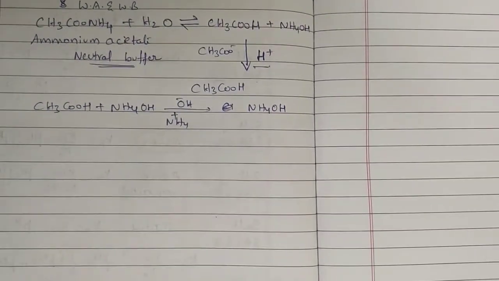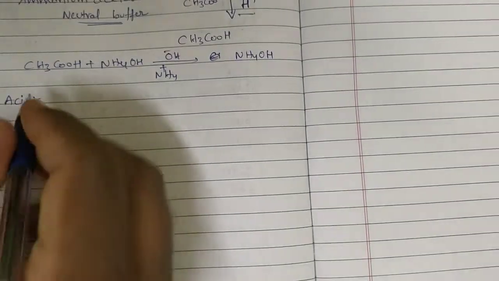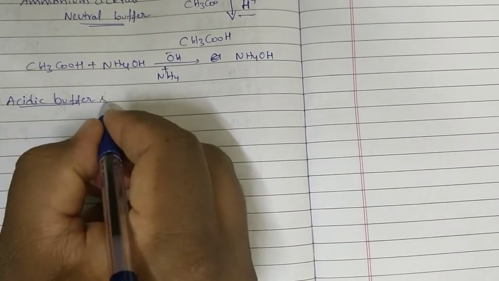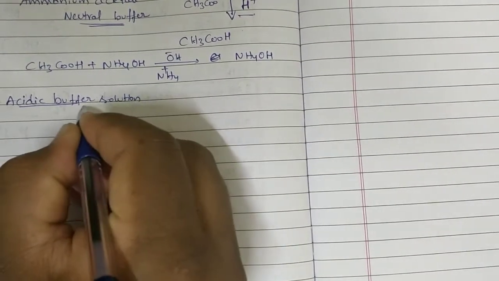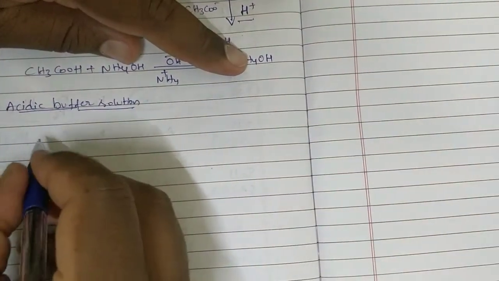Same like that, two other types of buffer solutions are there. Those are acidic buffer and basic buffer. Now we will see the acidic buffer first. What is meant by acidic buffer?